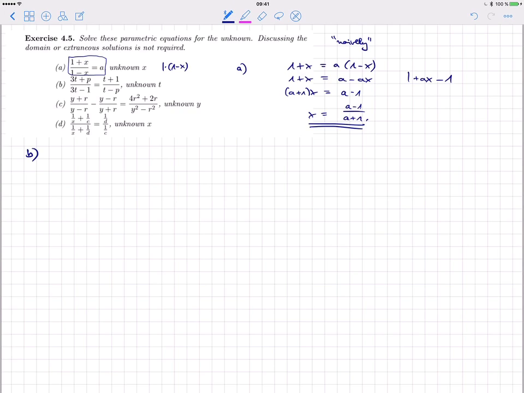So for part number B, we see that we have two fractions and we will just apply the cross rule. That would be the simplest one.